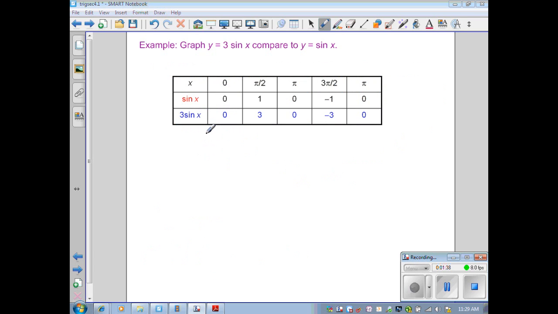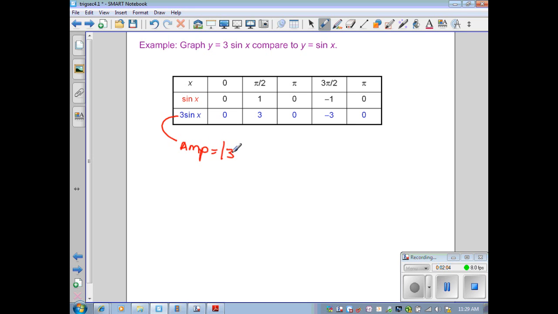Another diagram to look at to represent the quadrant angles or quarter points is if I took the sine function, which we just found to have quarter points at 0 radians, pi over 2, pi, 3 pi over 2, and 2 pi, that I have 0, 1, 0, negative 1, and 0. If I had 3 sine x, this amplitude would be 3.